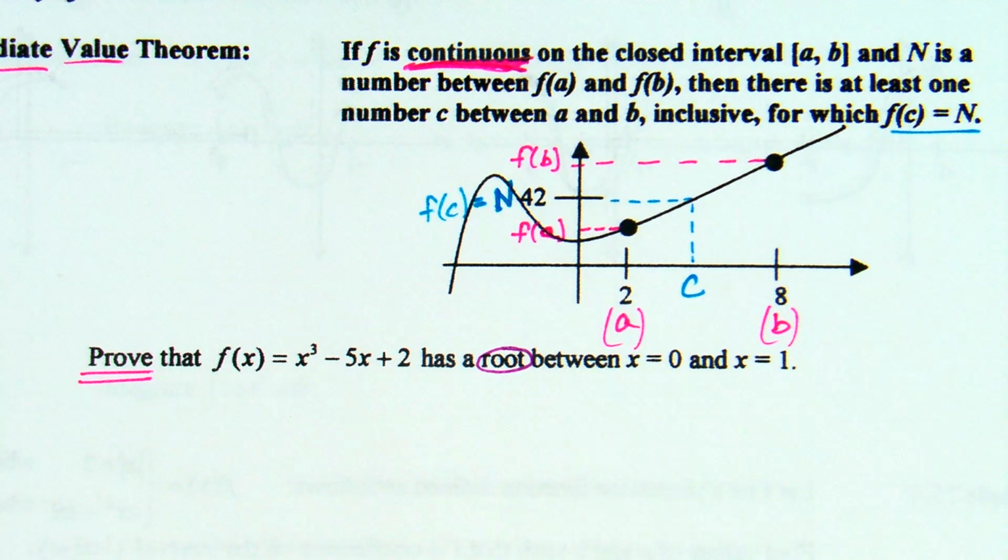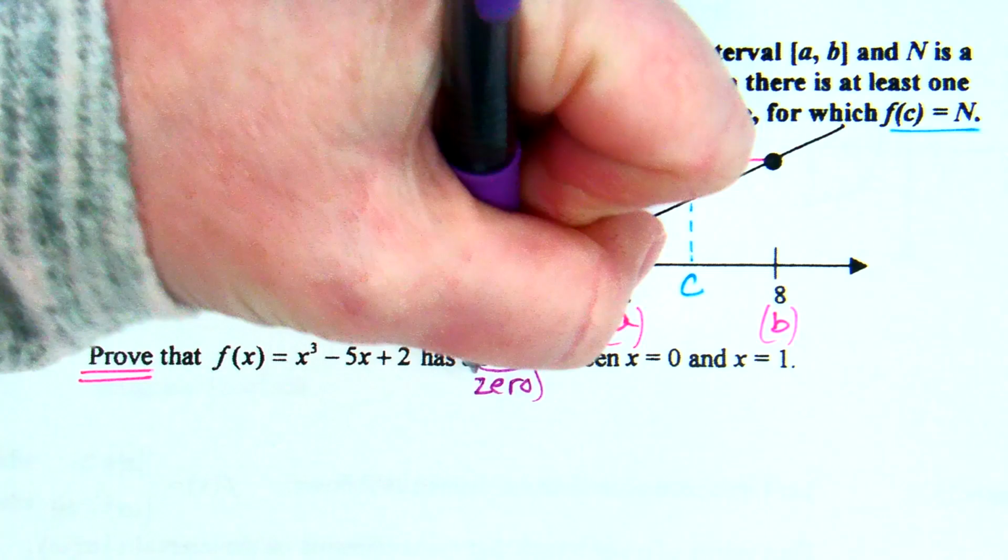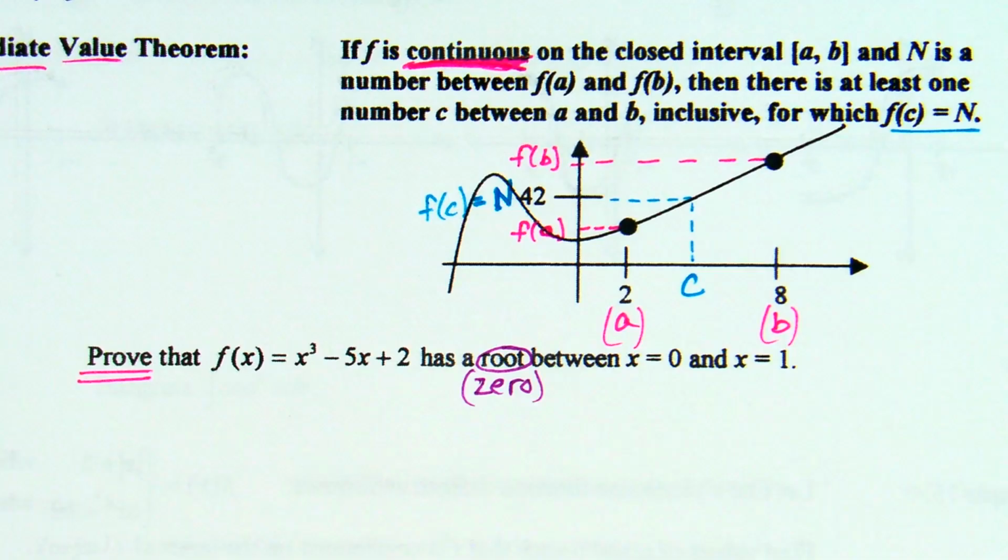What do I mean by root? X-intercept. I was going to use the word 0. Are you okay if I use the word 0? Okay. So when we talk about a root, we are talking about an x-intercept. We are talking about a 0, a place where y equals 0, right?